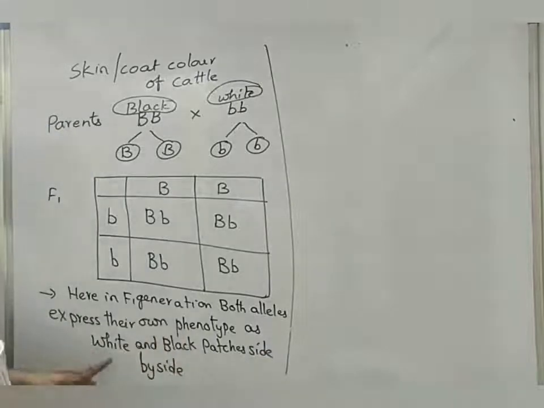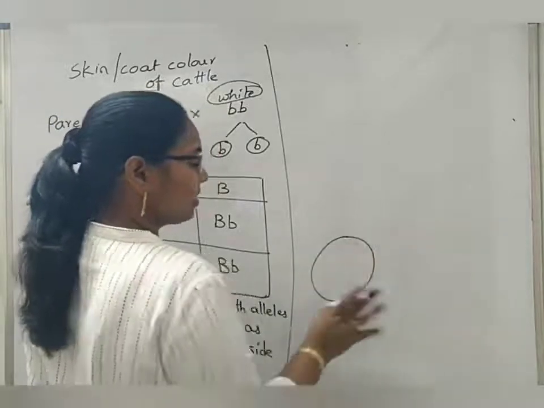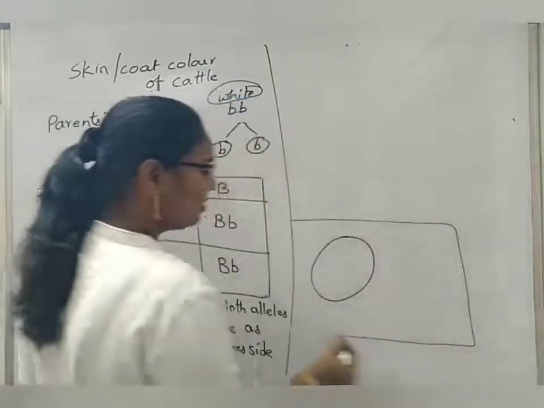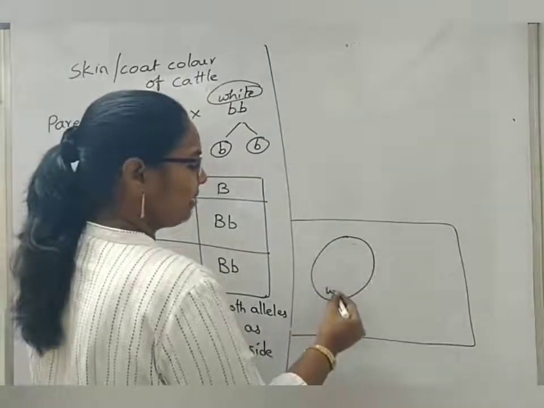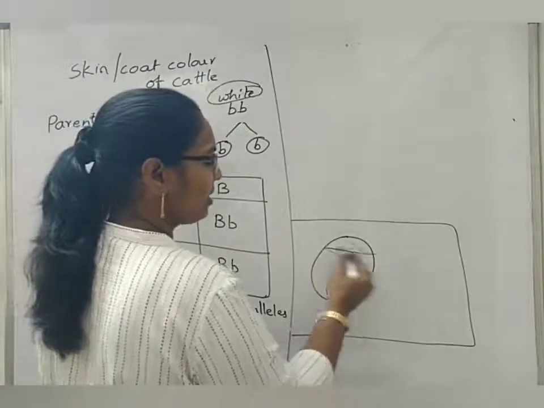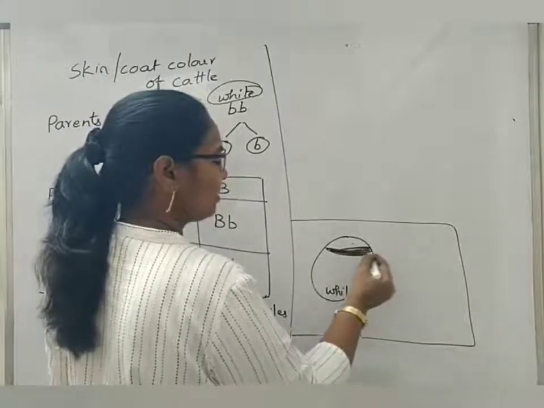If you want to explain this in a diagrammatic view, think that this is an area of the cattle skin. If you think this is white color, it will have some black color patches here and there, like this.